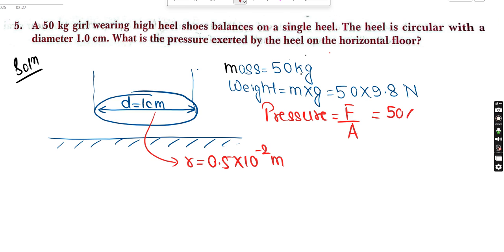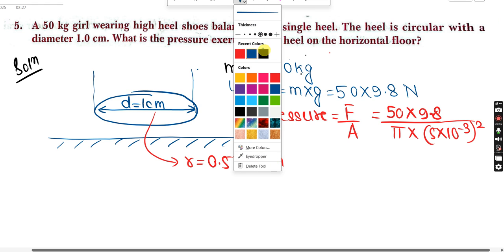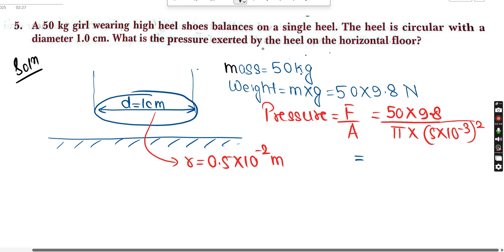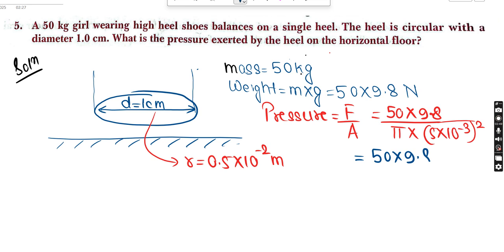So it will be 50 into 9.8, divided by pi r square. R is 0.5, and I will write it as 5 into 10 to the power minus 3, students, so that the decimal point will not be there and it helps me solve this at the end. Now if I do it, 50 into 9.8, and here pi I can take as 3.14, and the denominator will be 25 into 10 to the power minus 6.